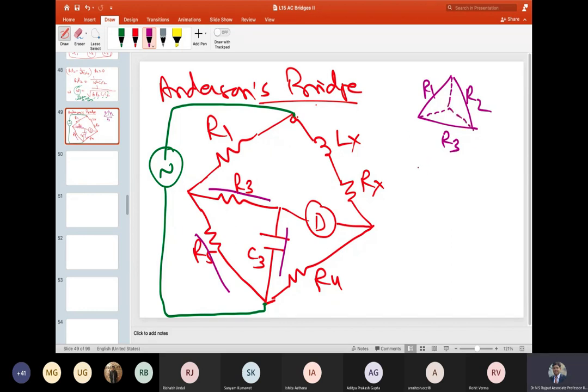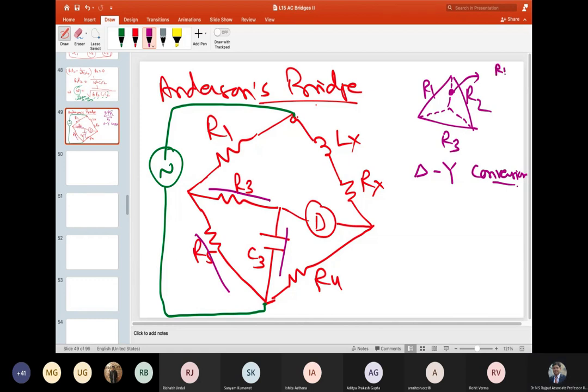This is called delta to star conversion. This is a very important conversion and you might have done it in electrical networks theory. So the value of this arm will be R1 R2 by R1 plus R2 plus R3, right?